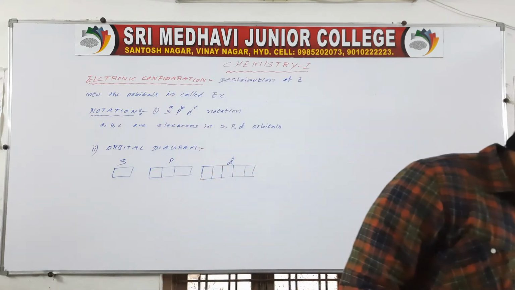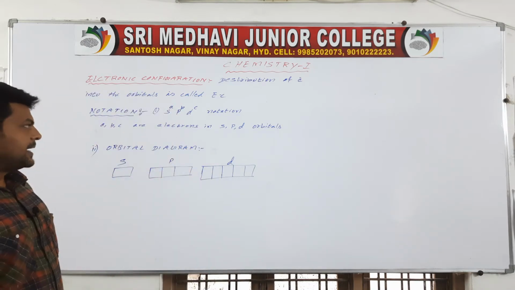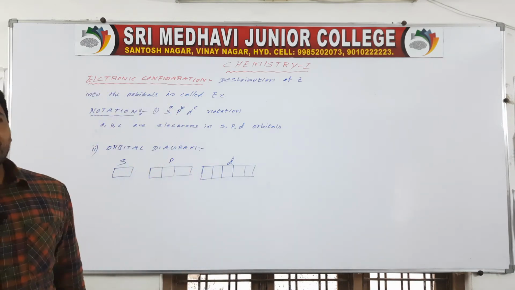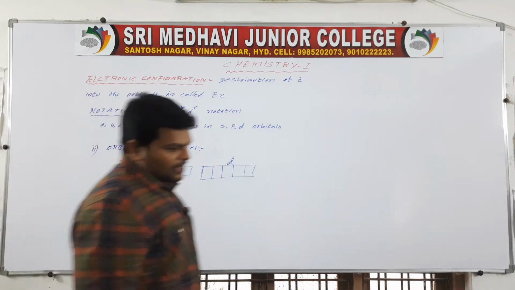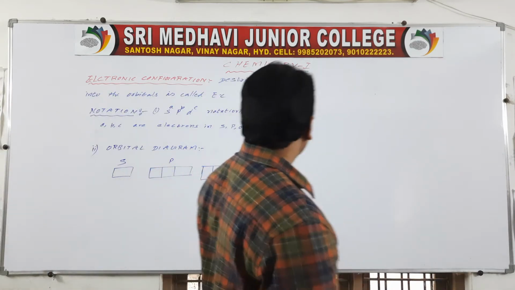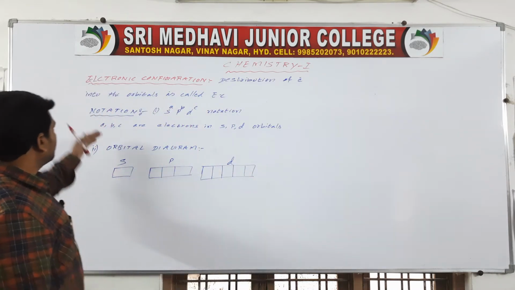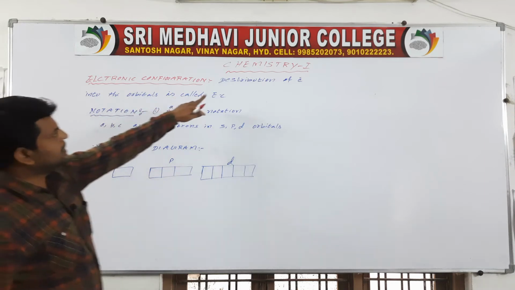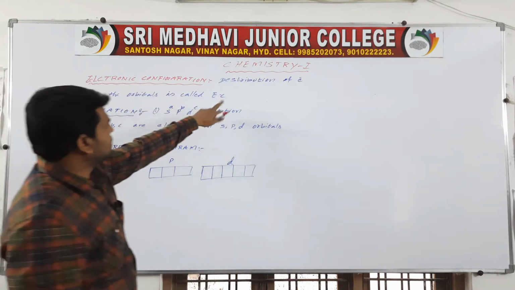Now we will write the electronic configuration of some atoms. Electronic configuration is a distribution of electrons into the orbitals, called EC.